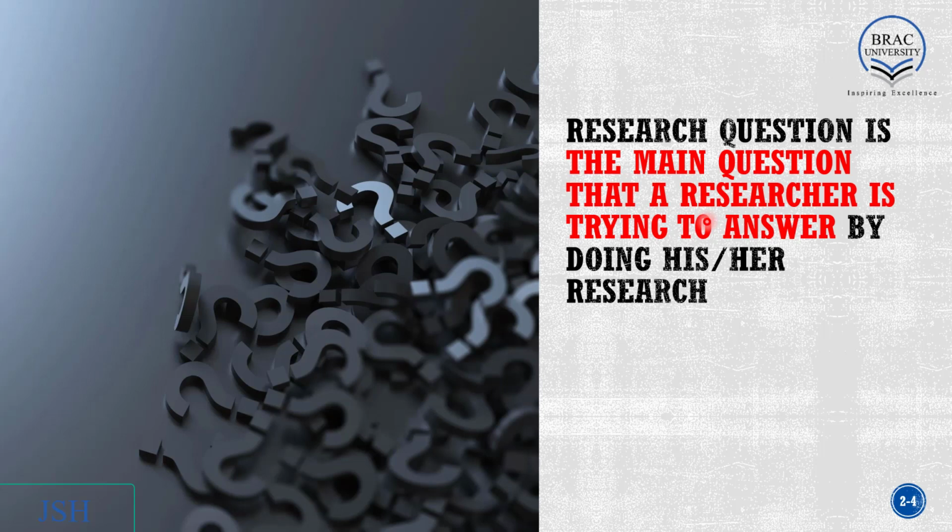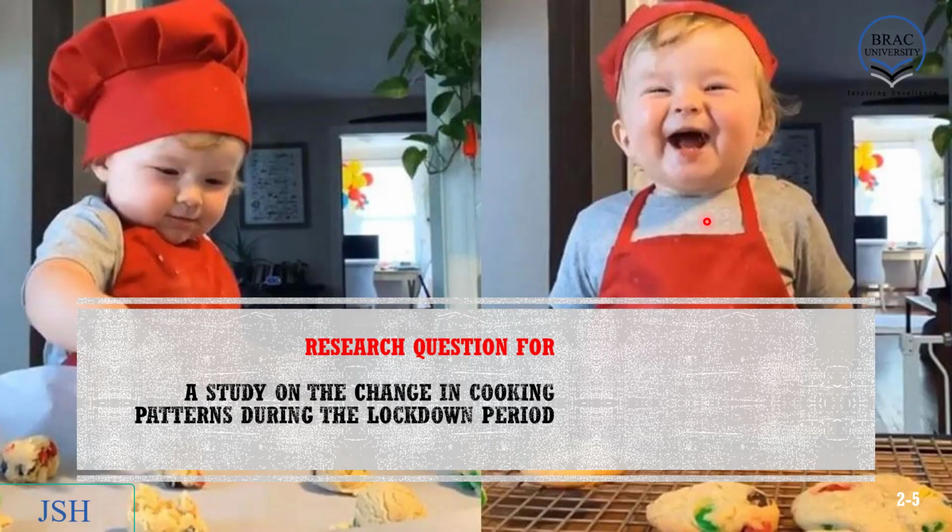From the last video, if you remember, I said that I'm going to explain everything using two research topics in every class, right? So the first topic of the study was a study on the change in cooking patterns during the lockdown period. Remember? So what might be a research question for this topic? As a researcher in this research topic, what is the main question that I am trying to answer?